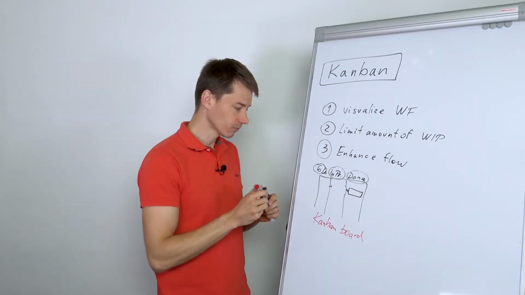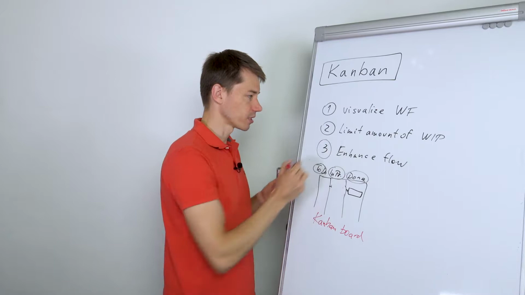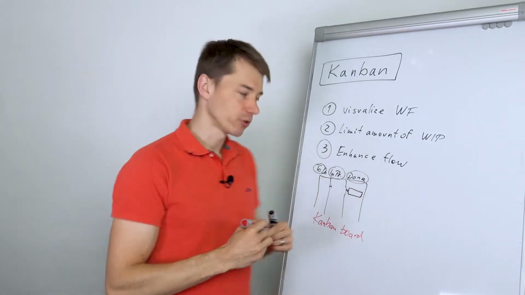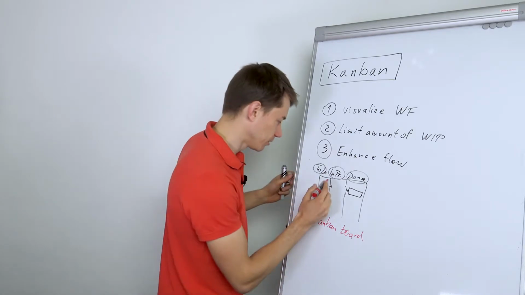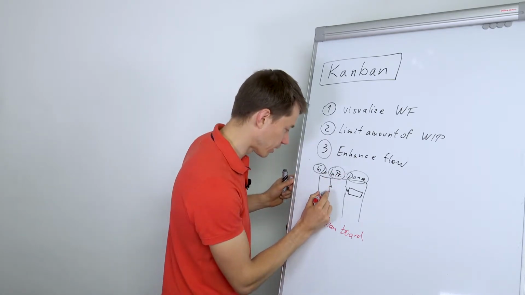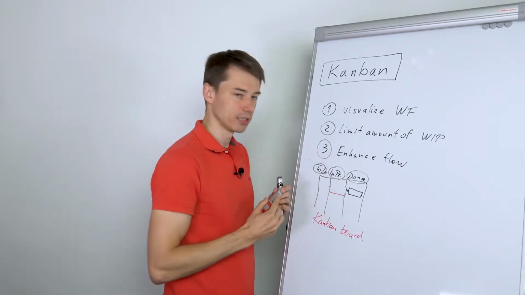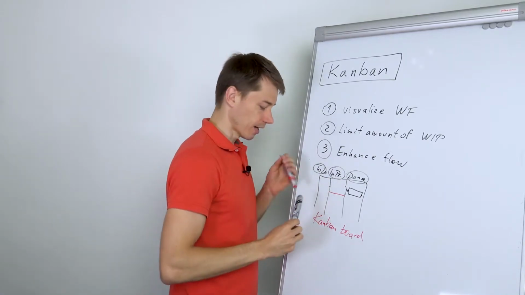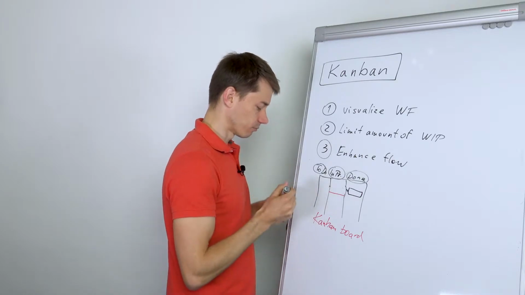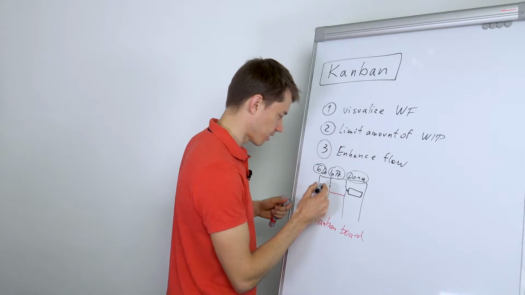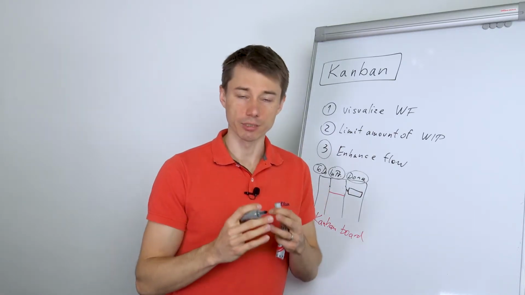Okay. Then second principle is limiting the amount of work in progress. And you can see sometimes, for example, limiting the number of tasks here. So say you would have a team of 2 people, then just common sense tells you that the limit would be 2, right?